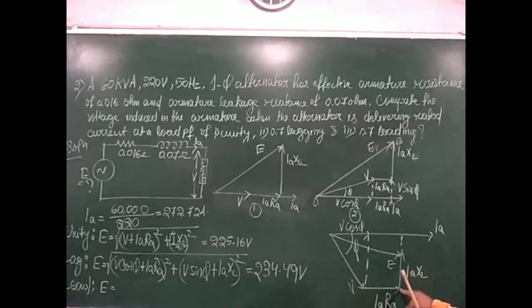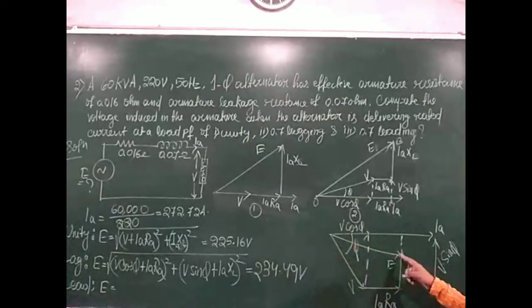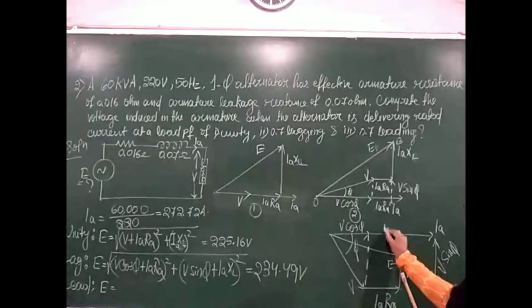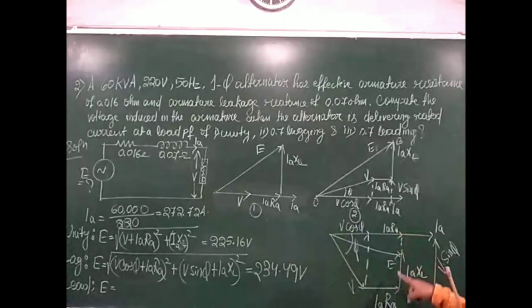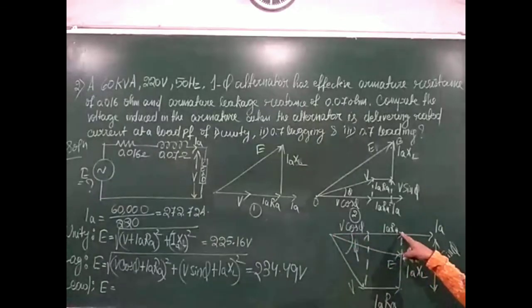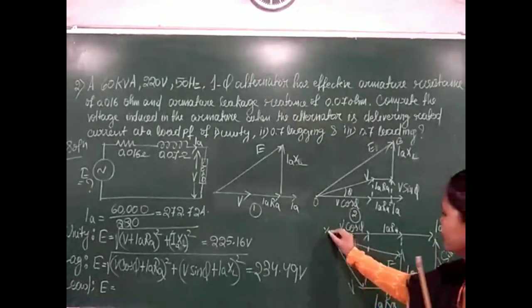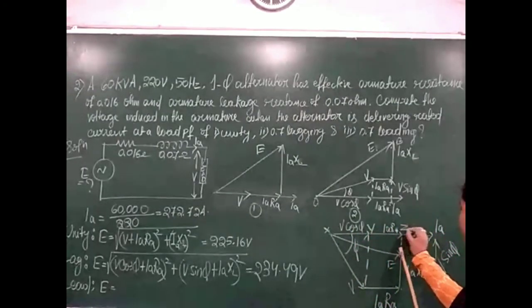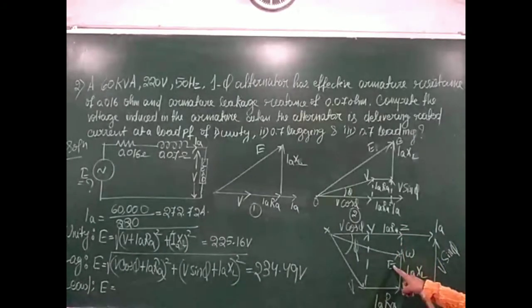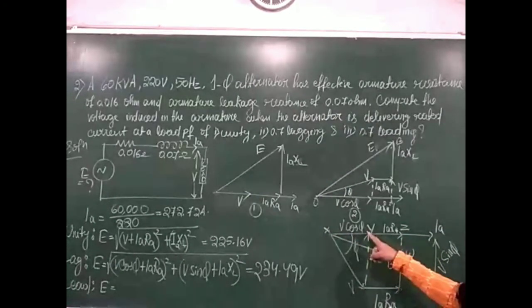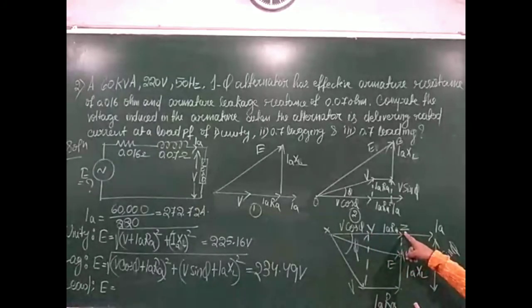which is similar to this phasor. This total phasor is V sin phi. Then what is E? And this whole phasor is IaRa. So what is E? Sum of this phasor and this phasor. Suppose this is X, this is Y, this is Z, this is W. So E is the phasor sum of XY and YZ sum square plus ZW square, root over.